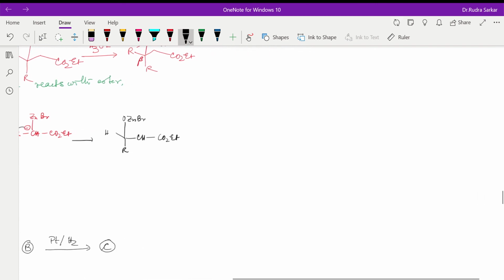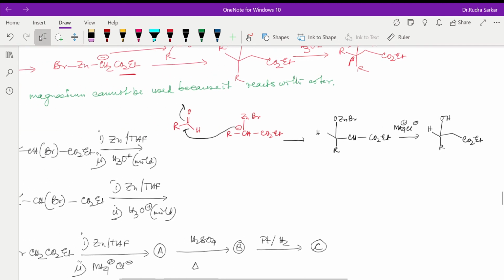Now all you have to think is, if we do a mild acidic workup, just using, say, suppose NH4Cl, this will form this thing, CO2Et. So that is your answer.